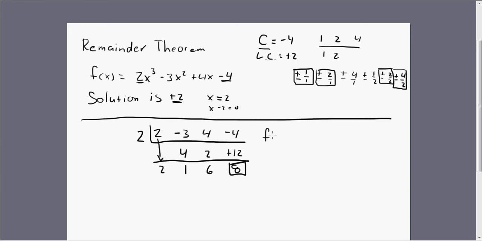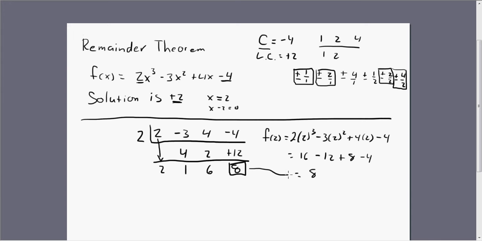If I have f of 2, I would end up with 2 times 2 cubed minus 3 times 2 squared plus 4 times 2 minus 4, which would be 2 cubed is 8 times 2 is 16, minus 4 times 3 is 12, plus 8 minus 4. 16 minus 12 is 4, minus 4 is 0, plus 8 is 8.